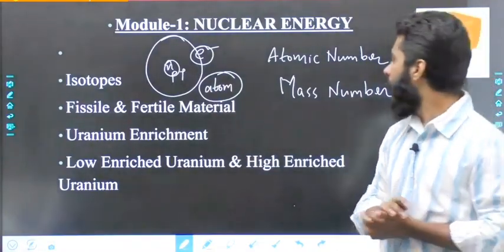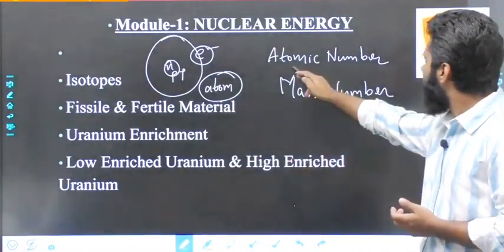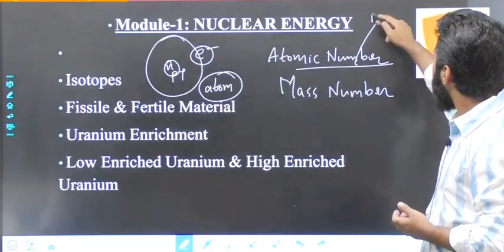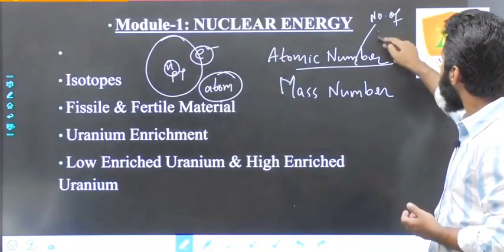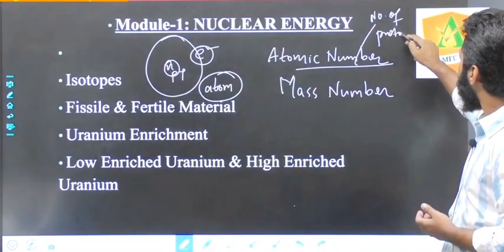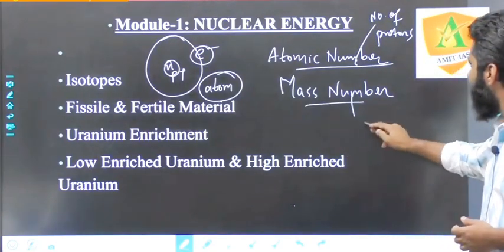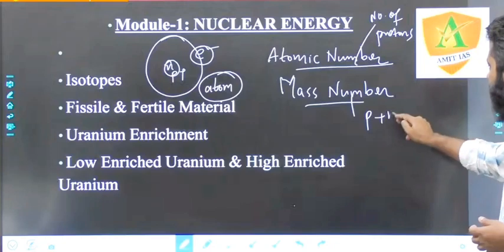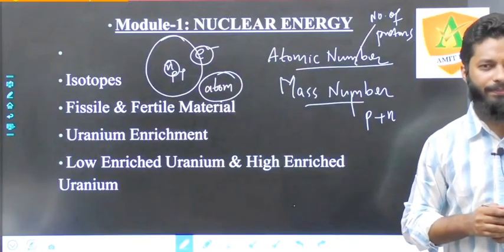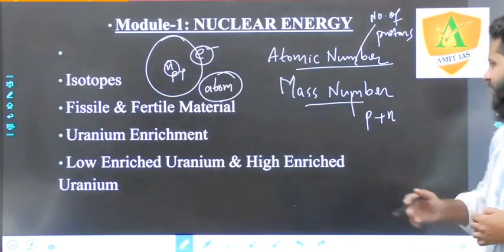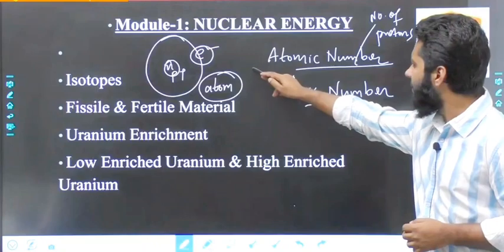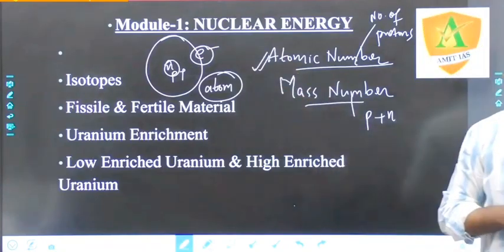Atomic number is the number of protons, and mass number is the number of protons plus the number of neutrons. We classify the elements on the basis of atomic number.